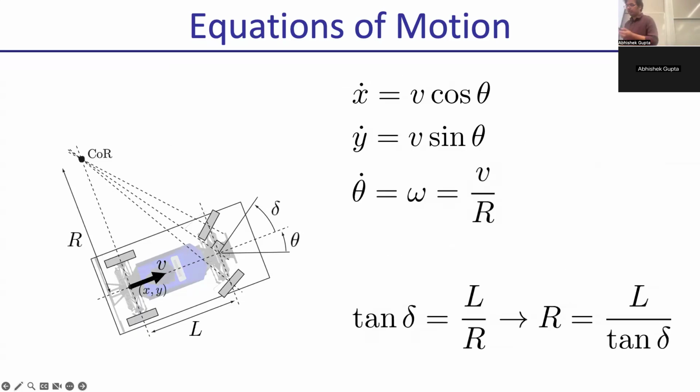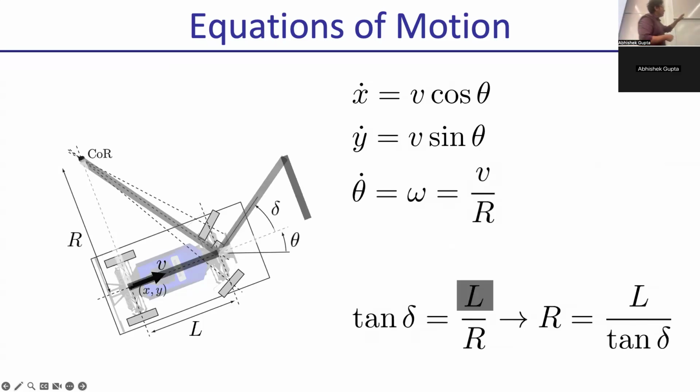But if you want to look through this again, the important thing is because it's a pure rotation, this thing is going to be perpendicular and this thing is going to be perpendicular, right? And if there was slip, this wouldn't hold. Slip means the car is moving sideways. But because there's no slip, this doesn't move sideways, and this doesn't slip, and this doesn't slip. So this has to be perpendicular, this has to be perpendicular.